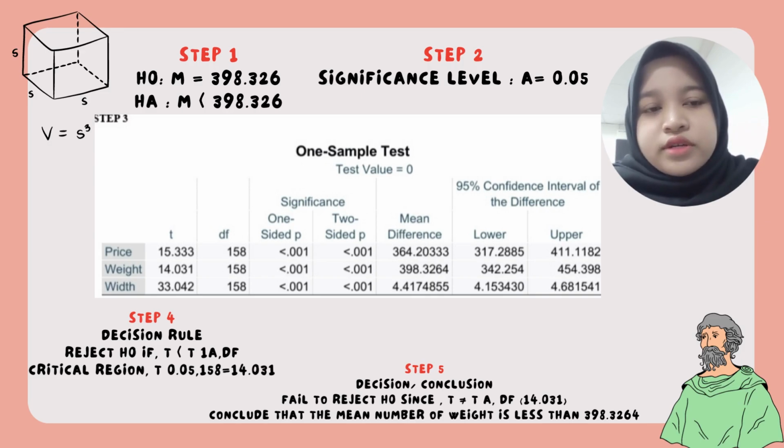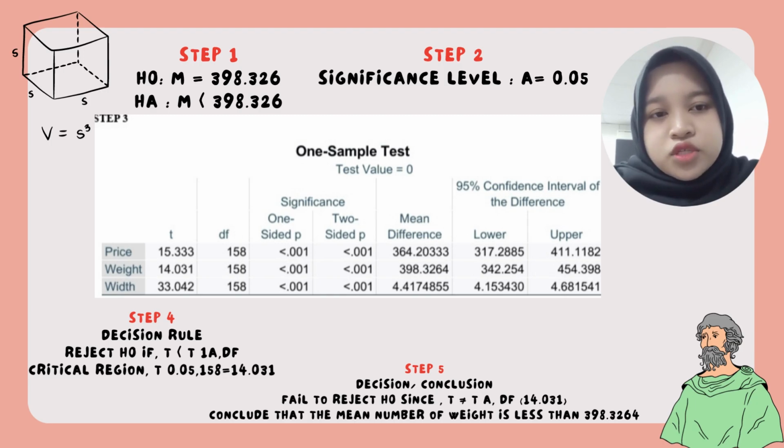In step 4, decision rule, reject H0 if T is not more than T at the critical region. So that means 0.05, 185, equal 14.031.